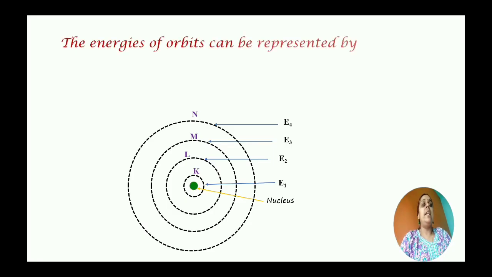Then the energies of these orbits are in the order E1 < E2 < E3 < E4 and so on. This means the orbit closer to the nucleus will have minimum energy, and the energy of the orbits increases as we move away from the nucleus.